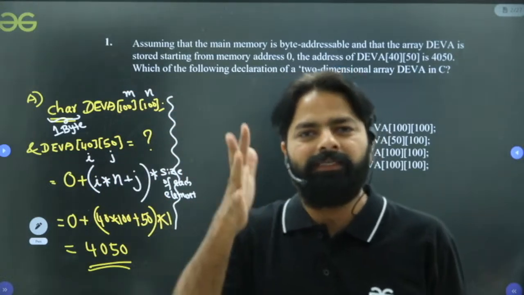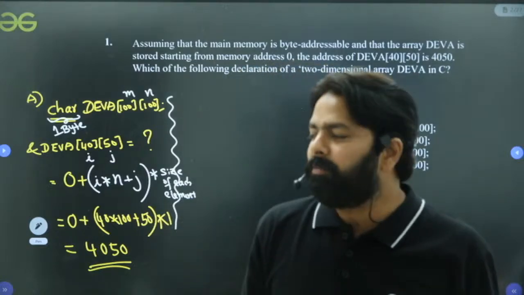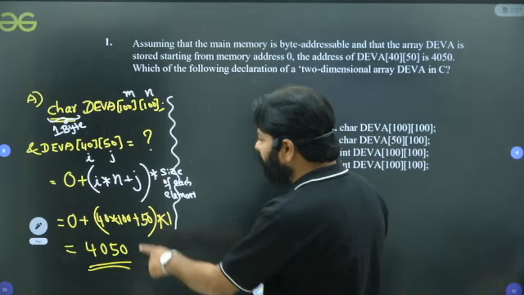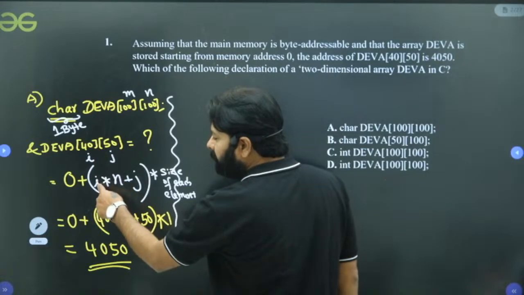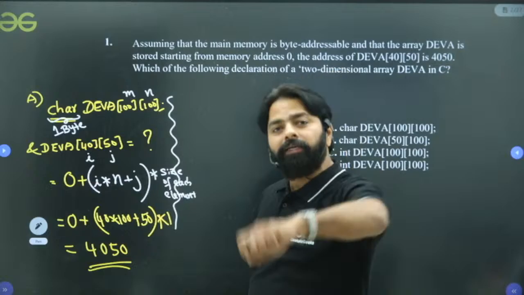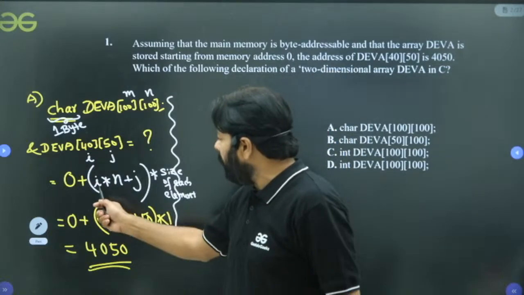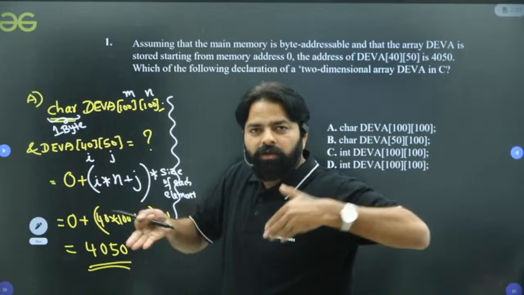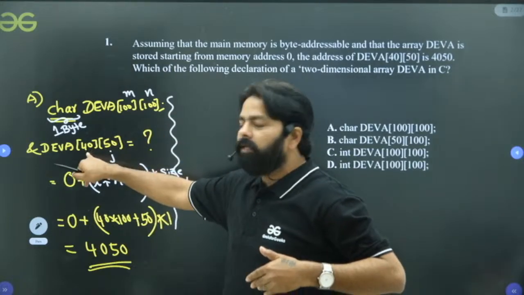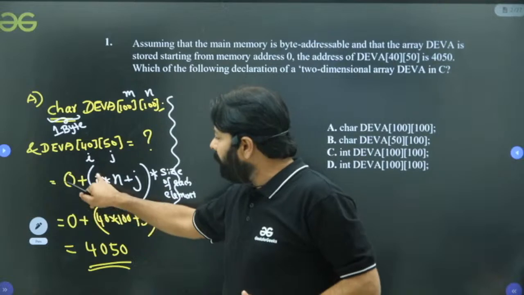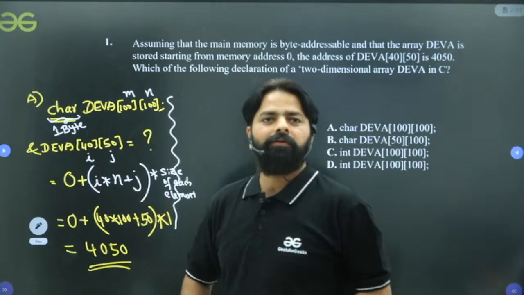Do not memorize the formula without the concept, right? That is why I wrote that i is the row you were accessing, row 40, but before row 40 there are 40 rows, 0 to 39. This i represents the number of rows before this row. If you are going for row 40, then before 40 there are 0 to 39 rows. For them you have to take this i, right?